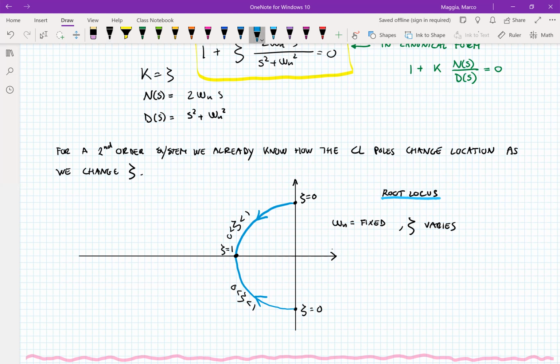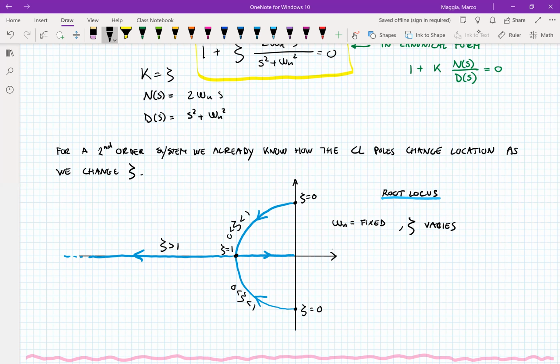And then if we increase zeta even more, then the two branches that arrived and collided in this point will separate, one going towards the origin and the other one going towards minus infinity. That is, as we increase zeta all the way to infinity, one pole will be at minus infinity and the other pole will be at 0.